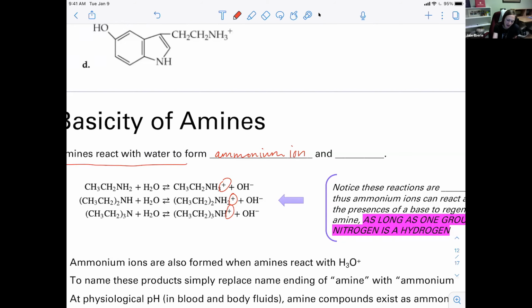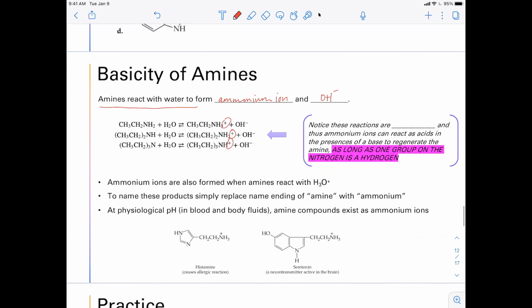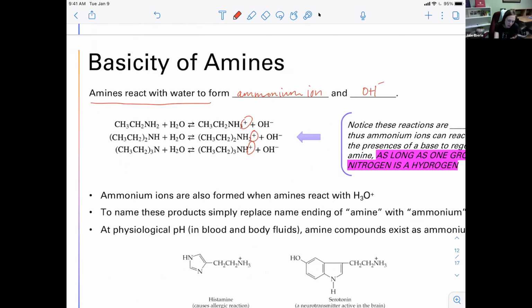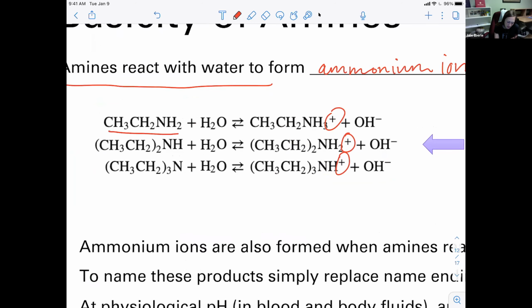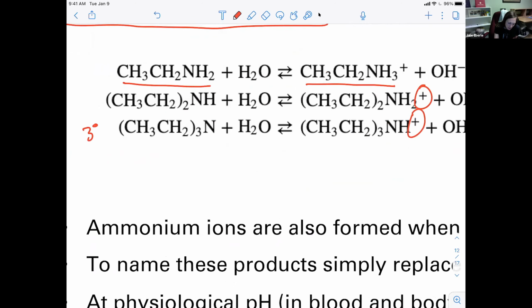Okay, ammonium ion and hydroxide, OH minus. So you got an amine, you got water. This tells you you're going to form an ammonium ion and hydroxide. So look closely here. Here's my amine. Here's the compound that forms when it reacts with water. Let's see what changes. Can you do the bottom one with the tertiary carbon? This is a tertiary amine, right? So I have a nitrogen with 3 ethyl groups.